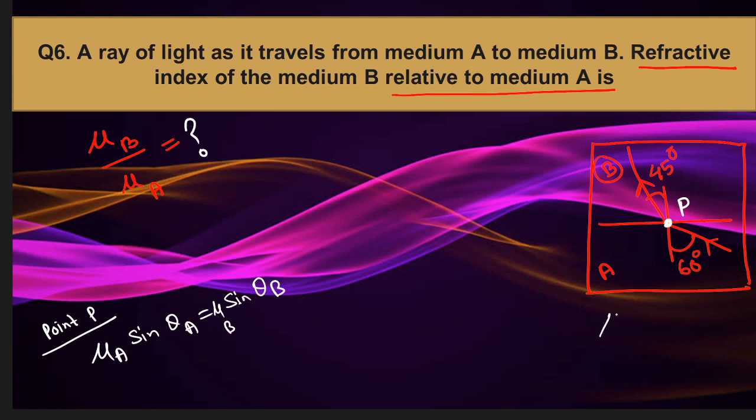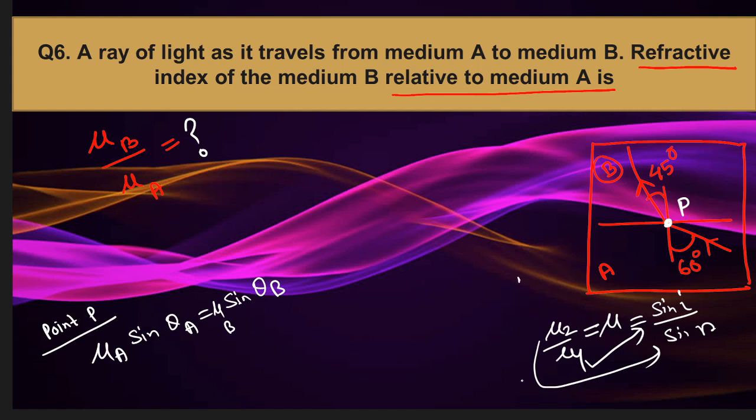We know mu equals sine i by sine r. This mu is nothing but mu 2 by mu 1. Now we can multiply this: mu 1 sine i equals mu 2 sine r. So this is the extended version of Snell's law.